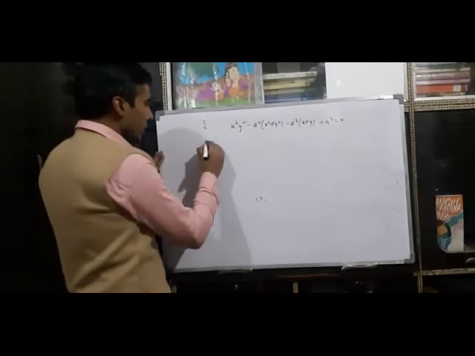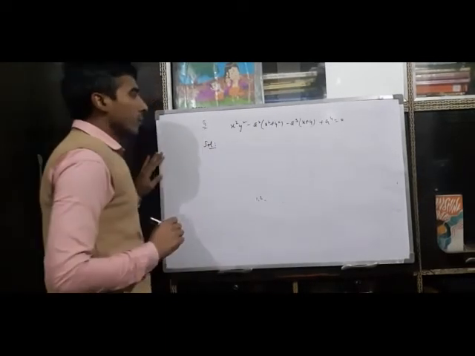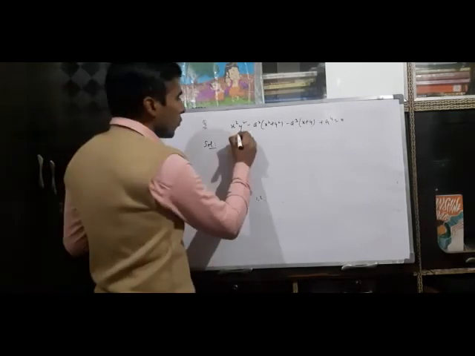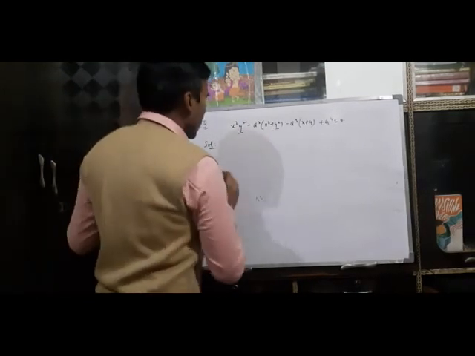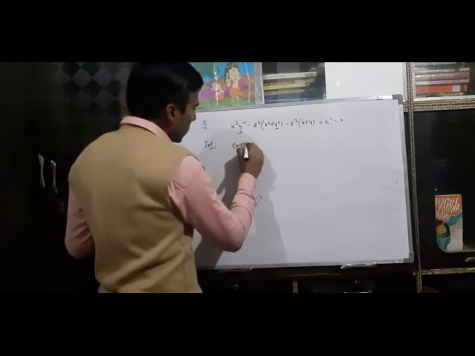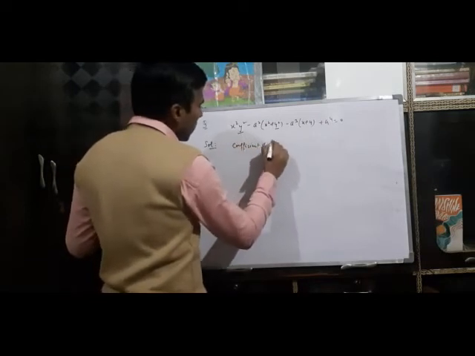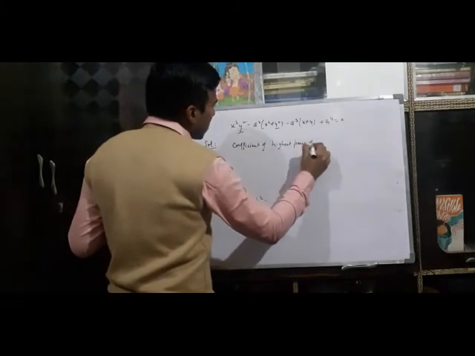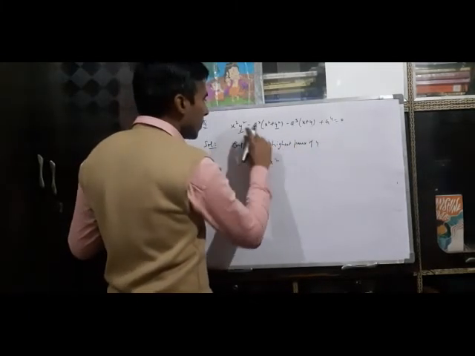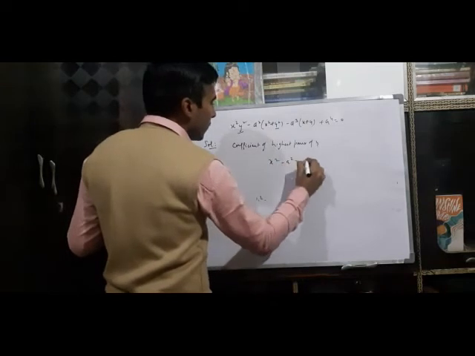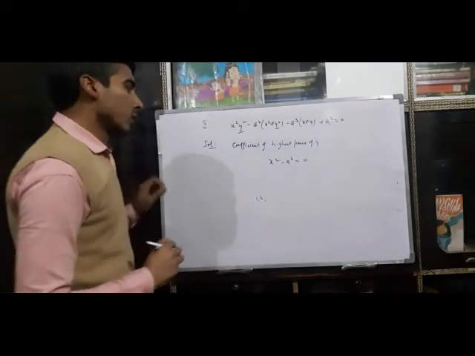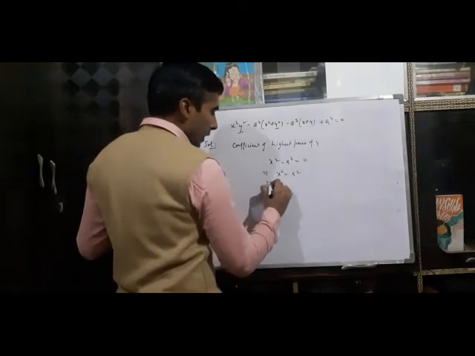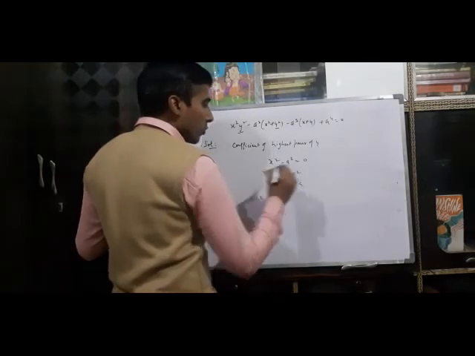So here pick the highest power of y, which is y square. Now the coefficient of the highest power of y is x square minus a square, and we compare it with 0. So this gives x square is equal to a square, and that implies x is equal to plus minus a.